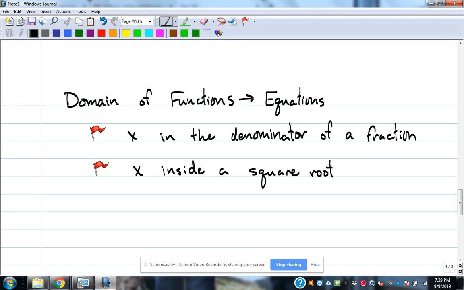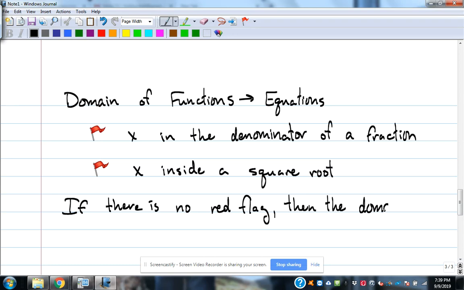So these 2 things, if they come up in the equation, then we've got to do something about it in order to get the correct domain. All right. So when we're doing this, if there's no red flag, then the domain is, quote unquote, all real numbers.